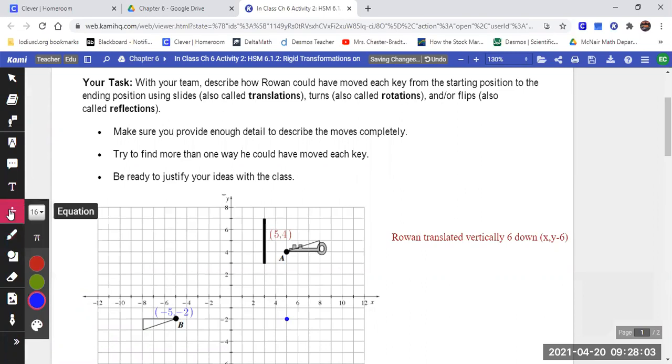Okay. Our new coordinates ended up becoming 5, -2. Now, does 4 minus 6 make -2? So did we go ahead and go, the x coordinate stays the same, the y coordinate subtracted 6?